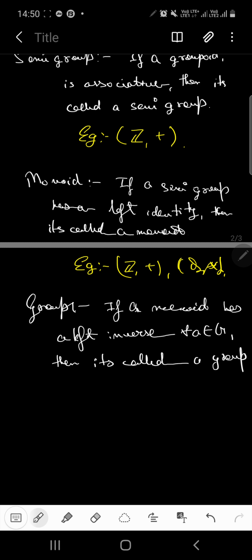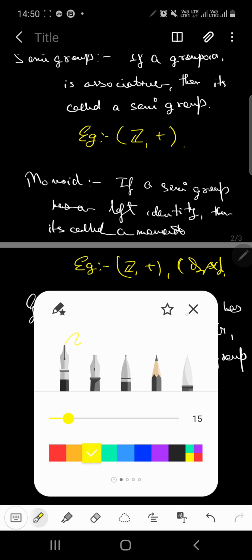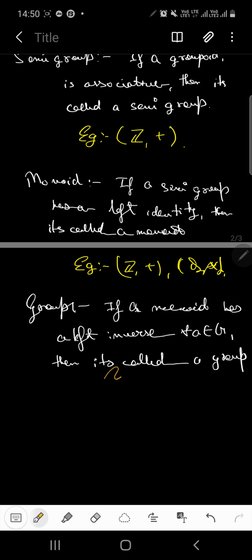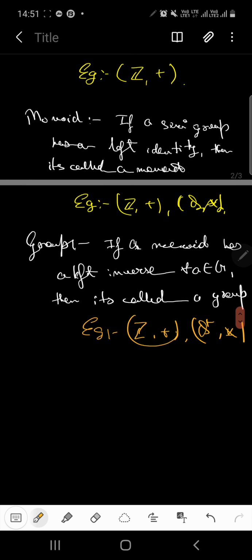And the examples which we have for groups: let me change the color of the pen. We have the set of all integers and plus, and the set of all positive rationals and multiplication. So these are the cases where we form a group.